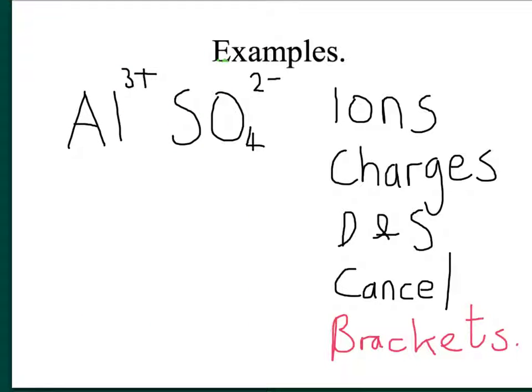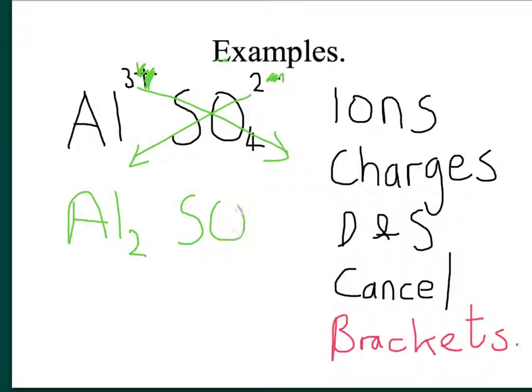Okay, last one. Now let's try this one. This is probably the hardest you could possibly get. Okay, so what we've got, aluminium with a 3 plus charge, sulfate with a 2 minus charge, and same procedure, drop the charges and swap the numbers. Okay, so we write the numbers in, we end up with Al2, that's straightforward, but then we've got SO4, and we've got this 3 comes down here, and that looks like SO43.